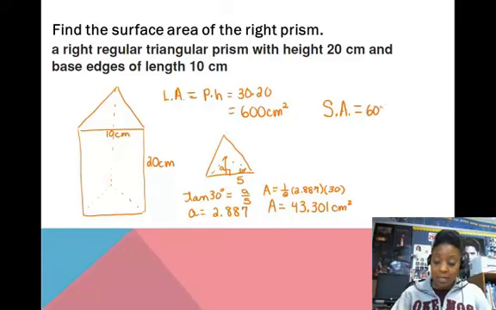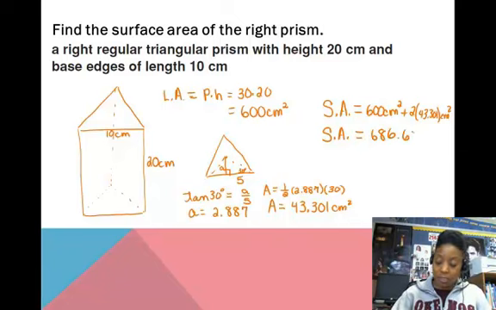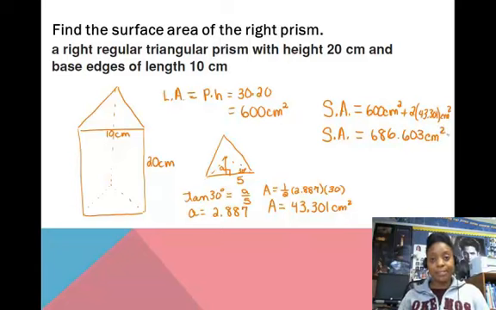So we've got 600 square centimeters plus 2 times 43.301 square centimeters. I'm just going to double this on my calculator and then add 600 to it, and I get my surface area to be approximately 686.603 square centimeters.